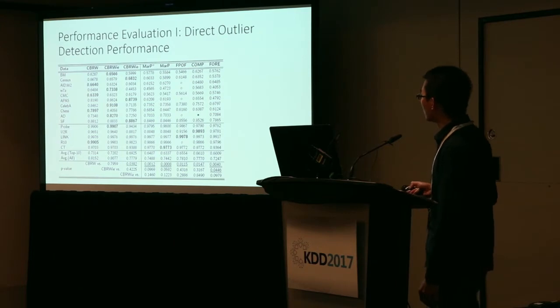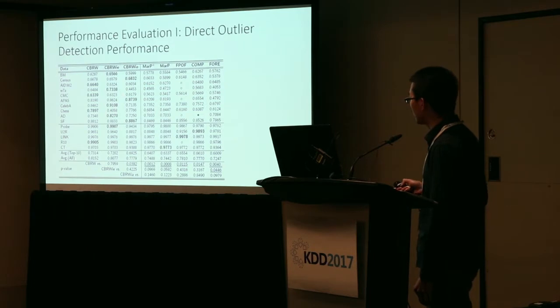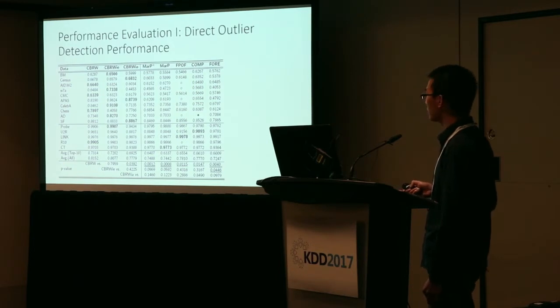This is one result. We use the CBRW to do direct outlier detection. This part is setting delta to 1, so basically it only considers the inter-feature outlier factors. This one is setting eta to 1, so it considers only the intra-feature outlier factors.